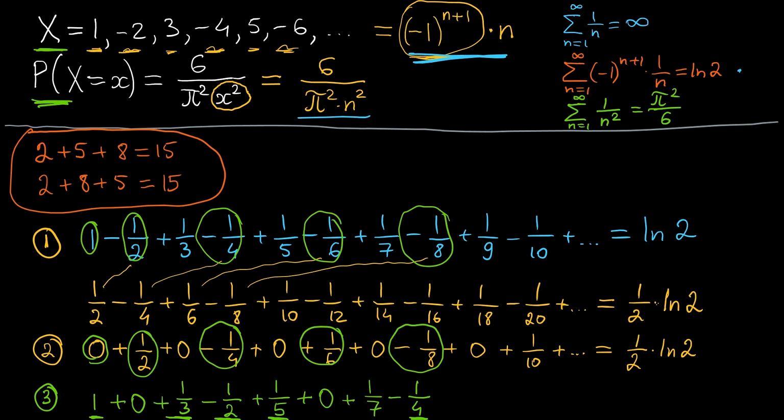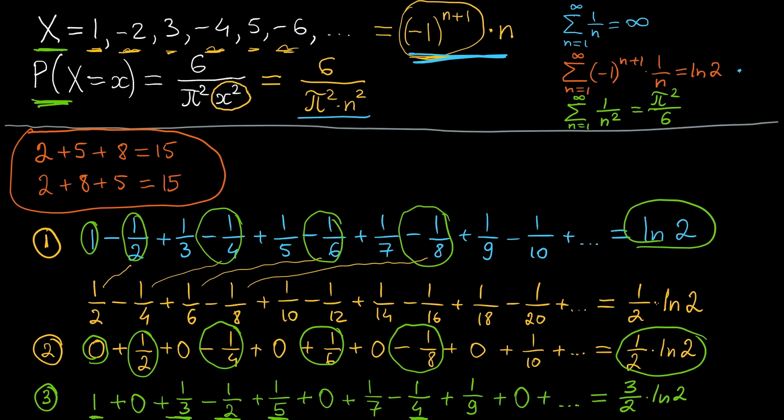So this is now a very curious thing, because notice what it's telling us. When we add these two series, on the right side we should have, because the top one was log of 2, and the bottom one was 1/2 of log of 2. Okay, but on the left side is just the alternating harmonic series.